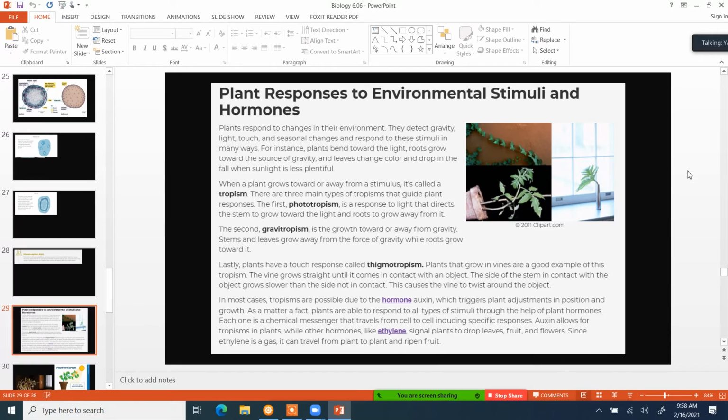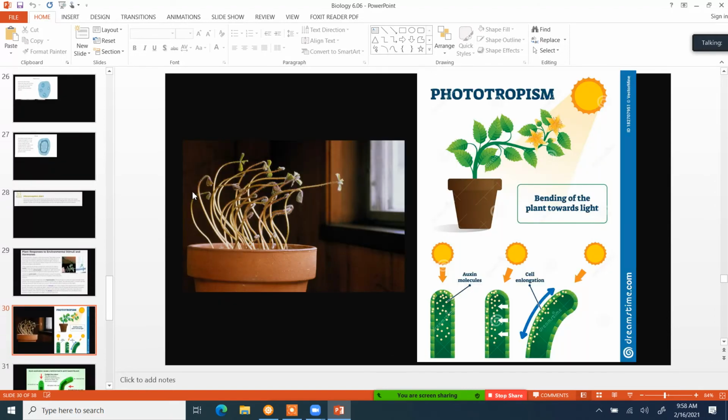So when a plant grows towards or away from a stimulus, that's called a tropism. The word tropism just means that plants are responding to something and growing towards or away from it. We're going to look at some different examples of tropisms. The first one is called phototropism.